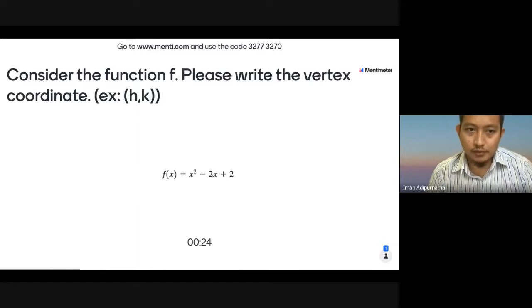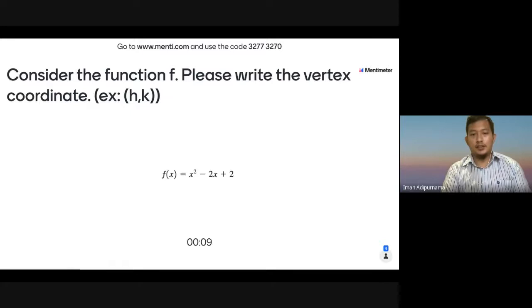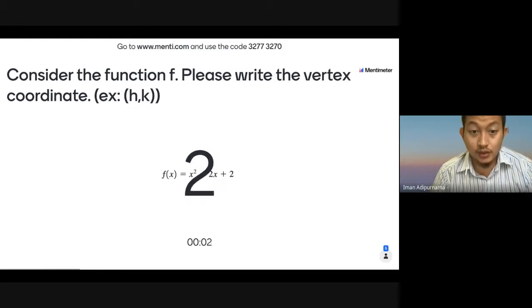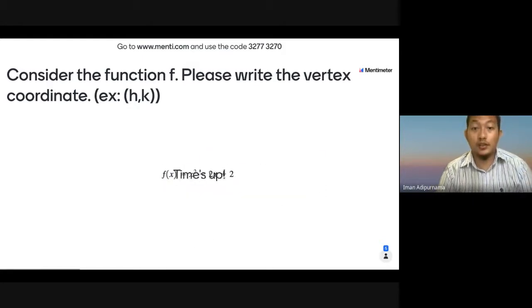Right, in terms of the coordinate bracket. Okay, 10 seconds, 9, 8, 7, 6, 5, 4, 3, 2, 1. Okay, time's up.